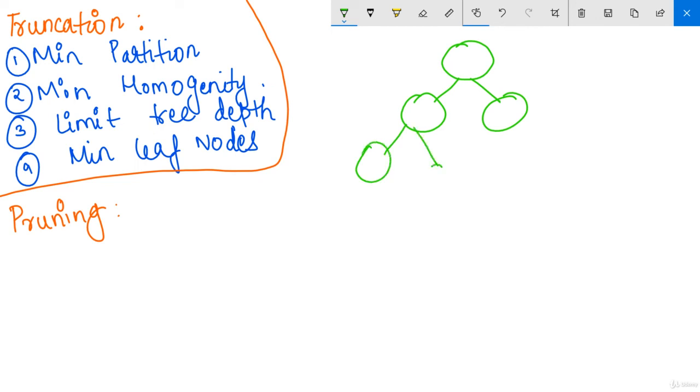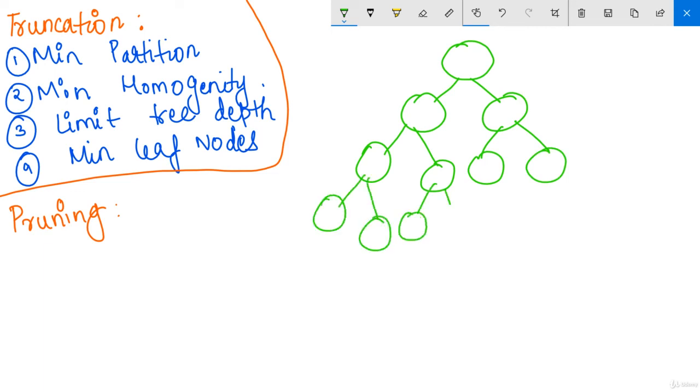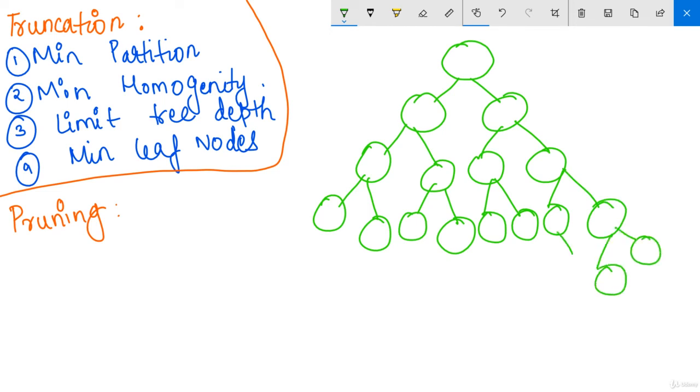If you remember, pruning is nothing but we don't stop it in between. We don't interfere when it is growing. But after it's fully grown, we look at it from the bottom and then we say, okay, we don't want this part, so we'll remove that part.